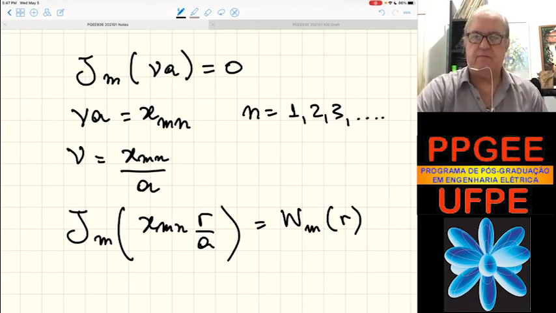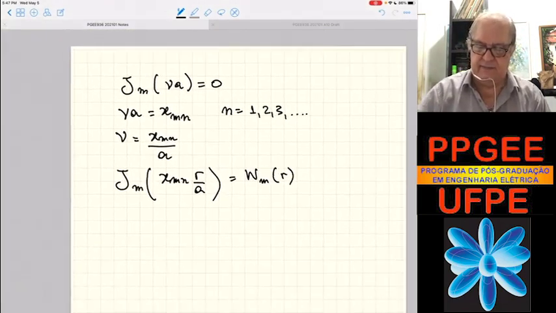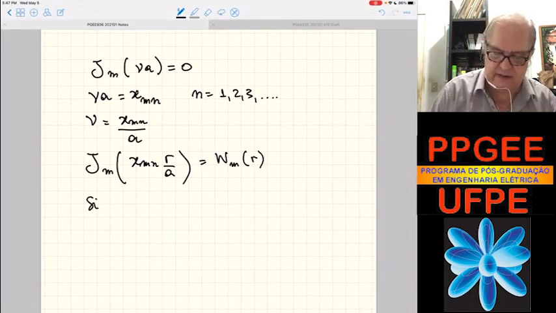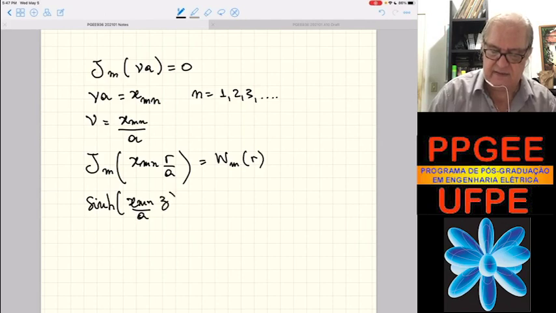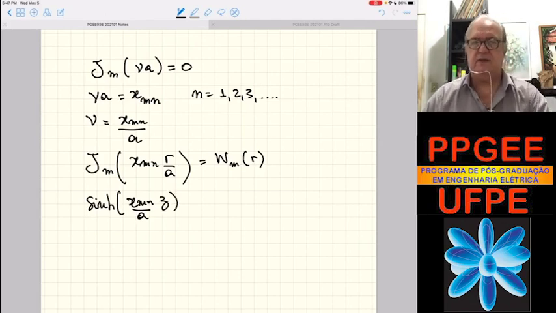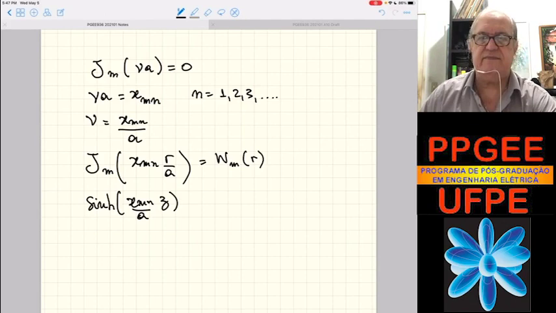Recall now that the dependency in z becomes hyperbolic sine of x_mn over a times z.